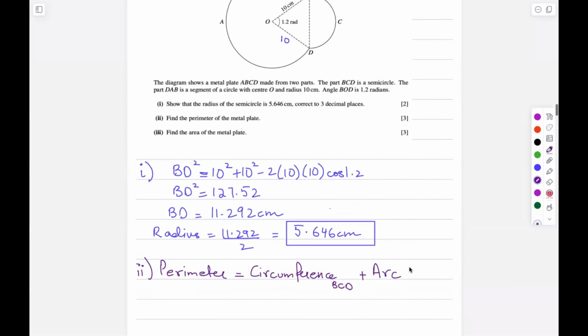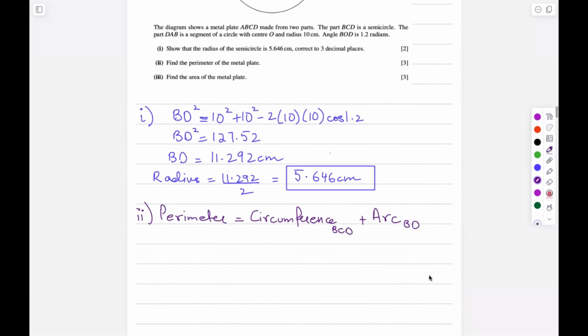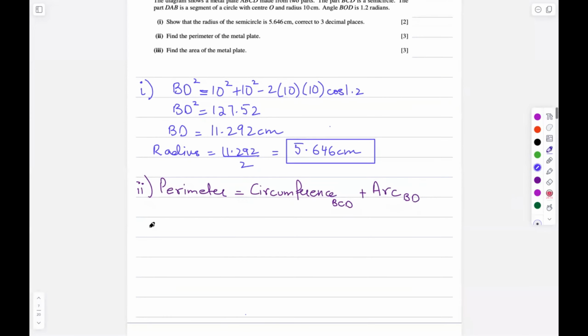To find the circumference, we will apply the formula 2 pi r upon 2. As we already have the radius, which is 5.646, 2 and 2 will cancel out. So 5.646 multiplied by pi will be 17.738. So the circumference will be 17.738 centimeters.